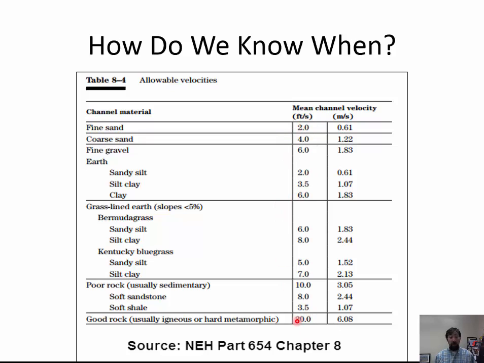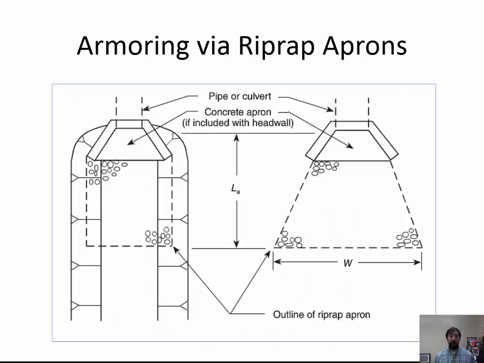If it's pure bedrock, you can let the water flow freely, maybe, if you're not worried about the ecological side and you're just worried about the scour side. If it's igneous or hard metamorphic, it can take pretty high channel velocities before we see any scouring. So in general, we can go to tables like this for allowable velocities. We could do a little mini study out in the field to ensure it, or it might be dictated by local regulations.